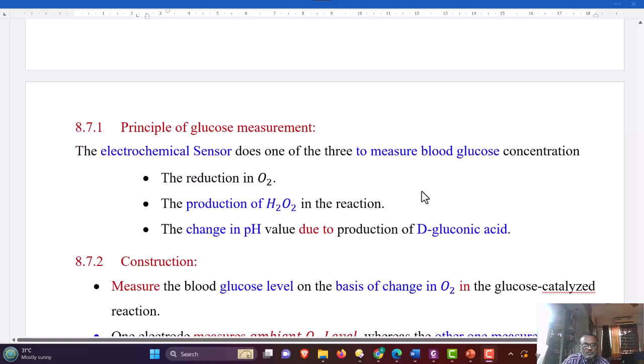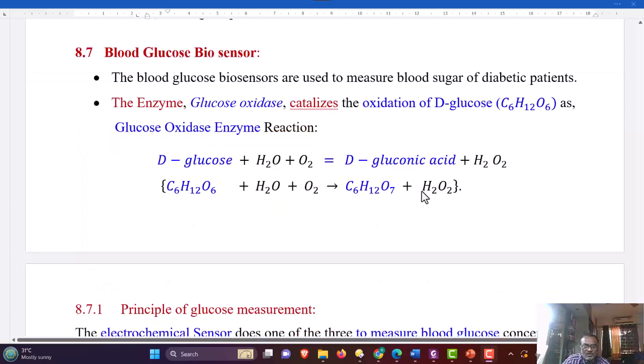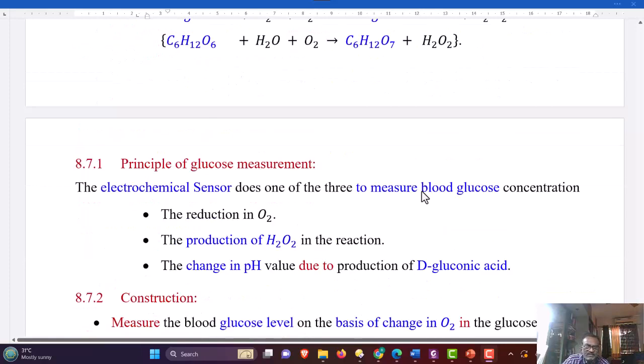The principle of glucose measurement is a chemical reaction of glucose oxidase with the glucose. It takes place with the reduction of O2. It produces H2O2 in the reaction, and there will be a change in the pH value due to the gluconic acid.